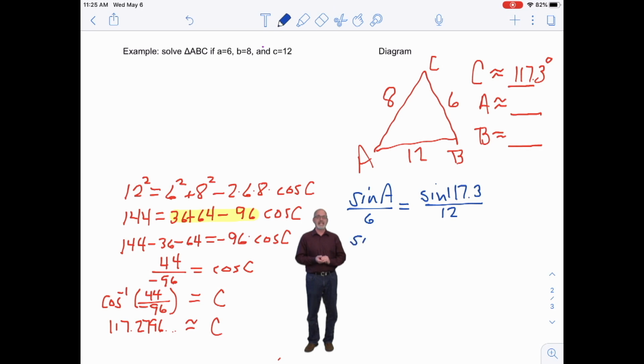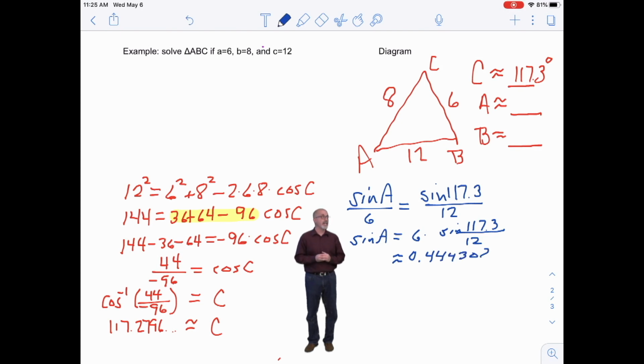Once we do that, sine A is going to equal 6 times sine of 117.3 over 12. We can now do that calculation on our calculator to get what sine of A equals. So it's going to be a decimal of about 0.4443, etc. And it keeps going.